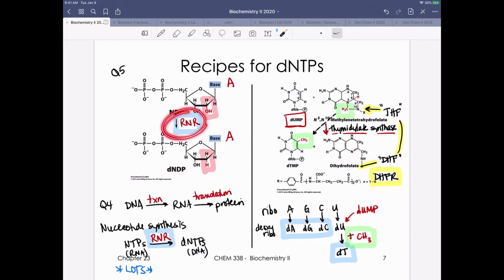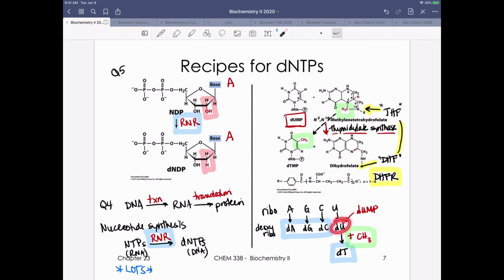So thinking a little bit more about these ribonucleotide reductases, again, here's our 4 different ribonucleotides, A, G, C, and U. When we make deoxyribonucleotides, what happens is that ribonucleotide reductase chemistry converts all 4 of the riboflavors into the deoxyriboflavors, which means we have deoxy-UMP there.